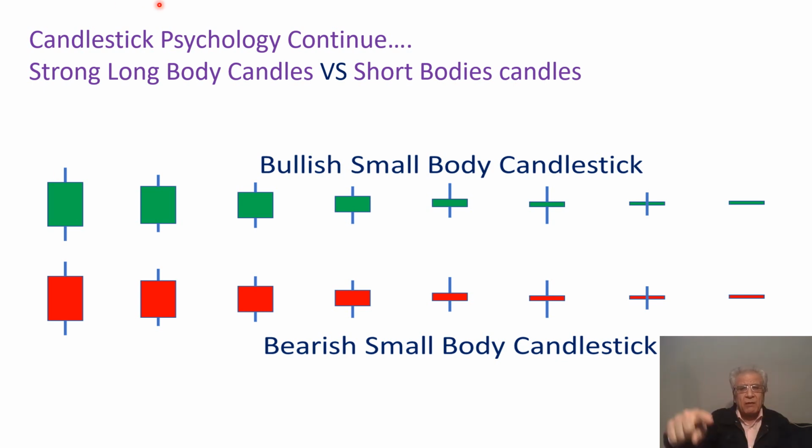So the price basically consolidates rather than moving in one direction up or down. Shorter candlesticks like this one, or like this one, exert weak buying or selling pressure in the market.